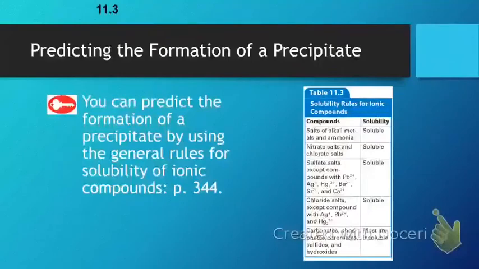This is in a chart on page 344 for you. You do not have to memorize it. I will give it to you with any test. So key point, you can predict the formation of a precipitate by using the general rules for solubility of ionic compounds on page 344.